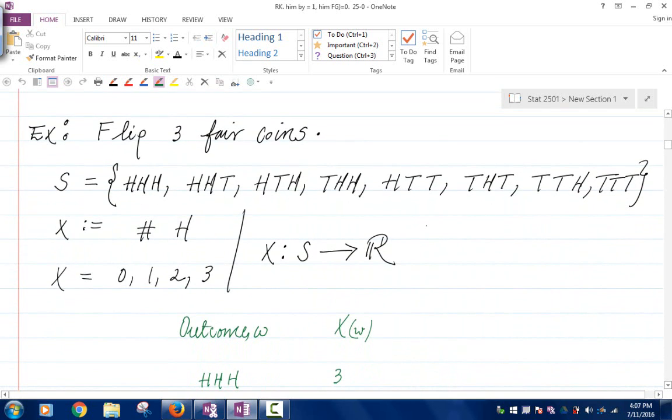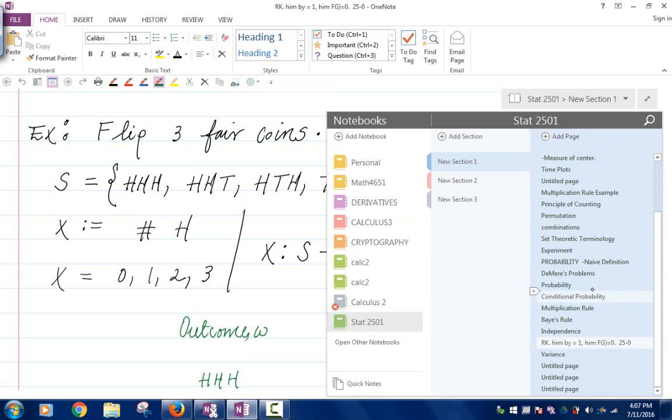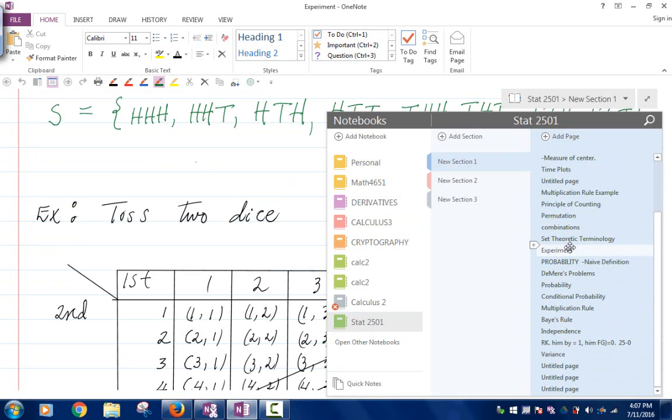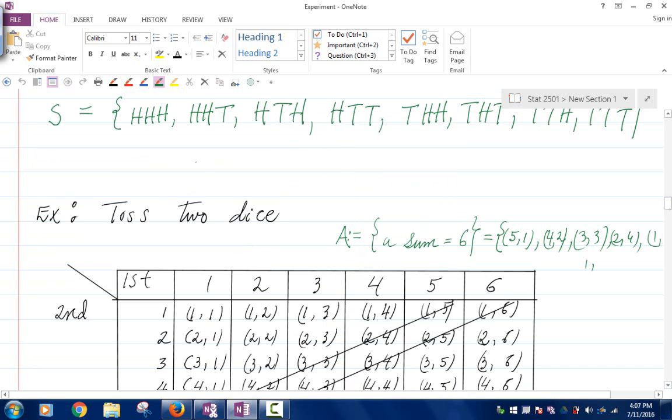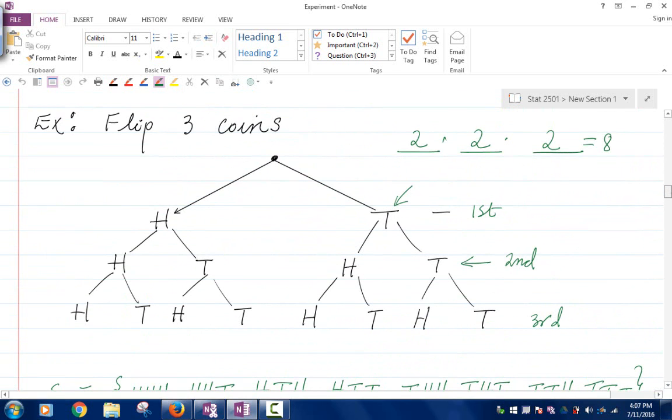Let's look at an example. Let's say we are flipping 3 fair coins. What's the sample space? Well, we can obtain the sample space by making a tree diagram.